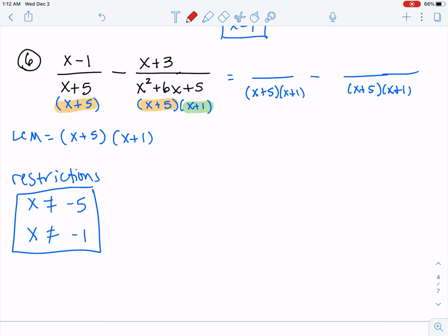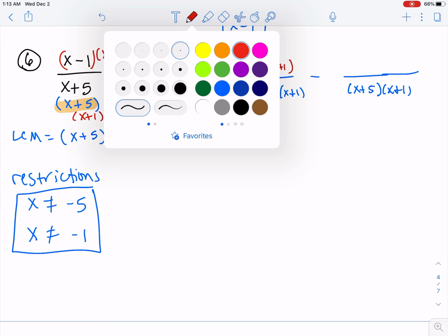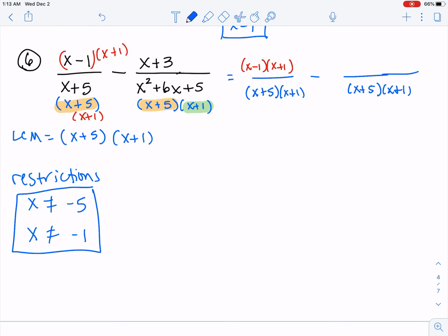For that first term, I have the x plus 5. What do I need? I need the x plus 1. So I'm going to take that x minus 1 and multiply by x plus 1. And then out of this second term, I don't need to multiply by anything, so I've got that x plus 3 because I already have that entire denominator.